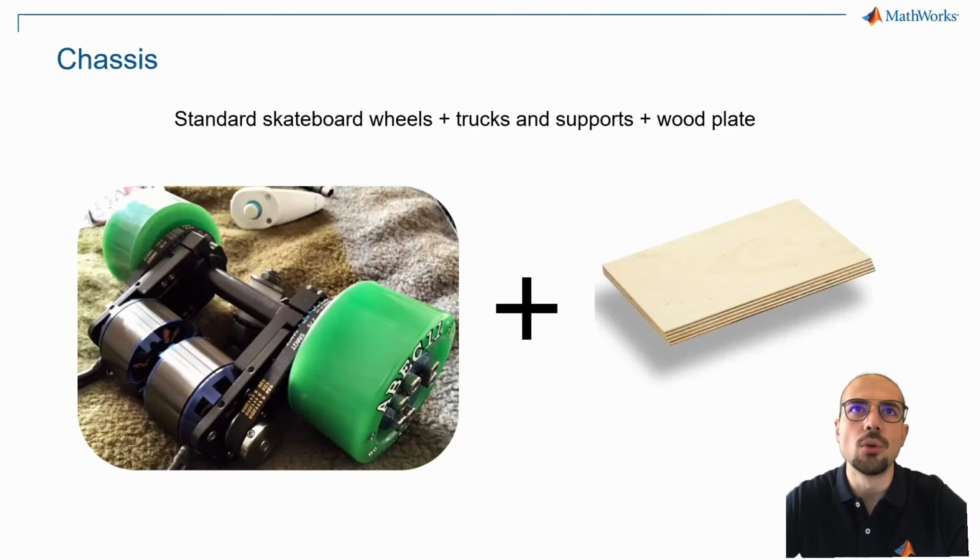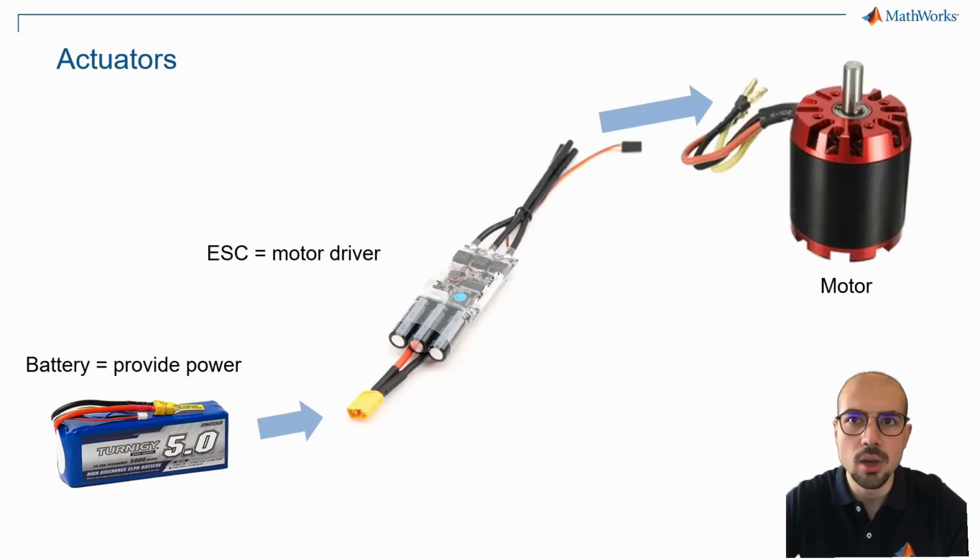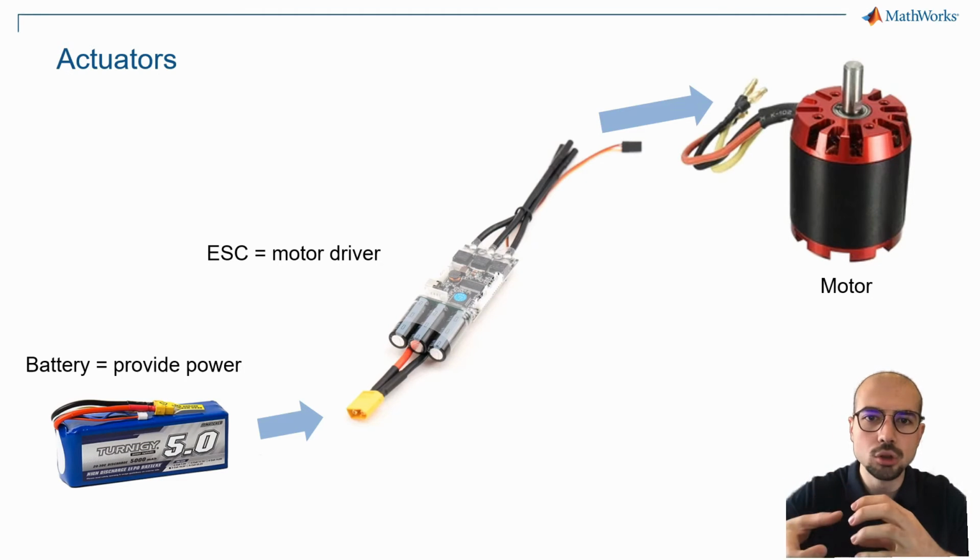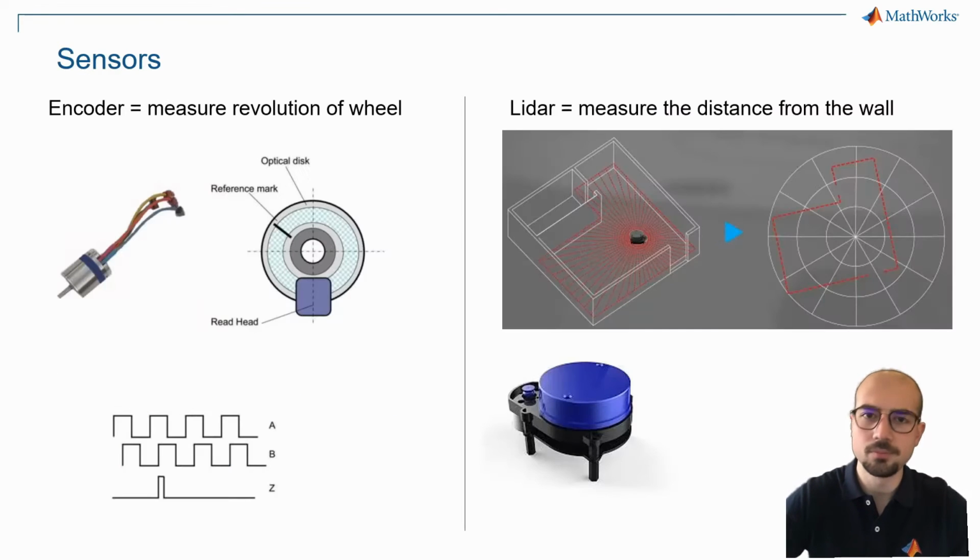It's built using the motors and the wheels and some easy and cheap parts such as plywood. It uses the motors as actuators. There's a battery that provides energy to a controller, a driver for the motor, and then the motor generates the motion in order to move the robot.